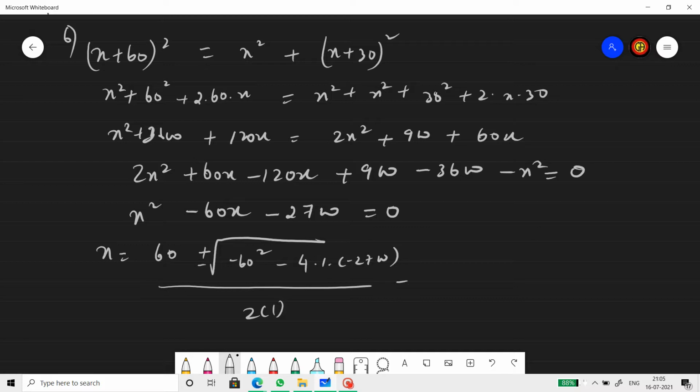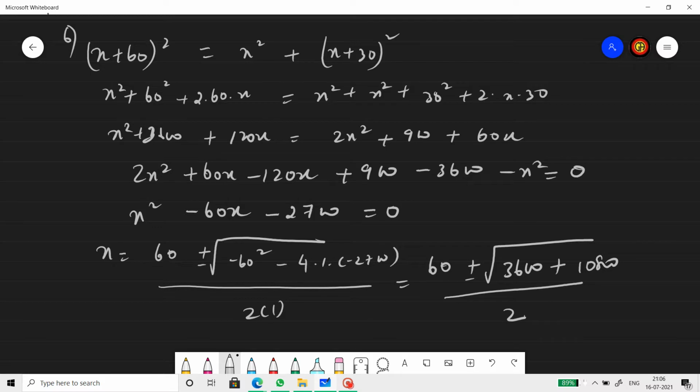by 2 into 1. So that means 60 plus or minus root over 60 square, that is 3600 plus we will get 2700 into 4, that will give us 10,800 whole by 2.